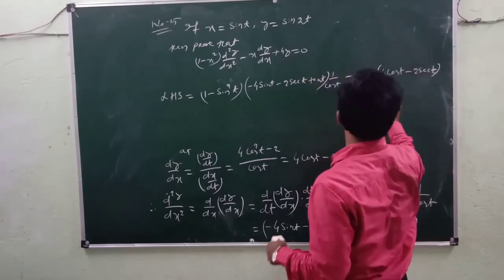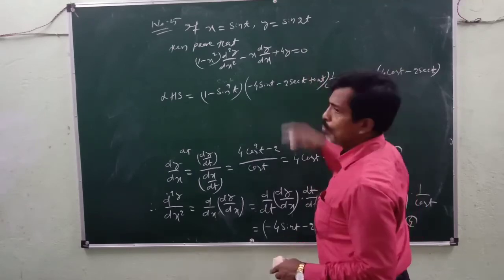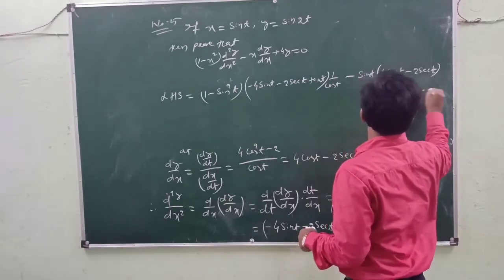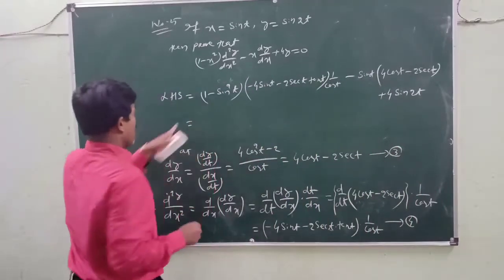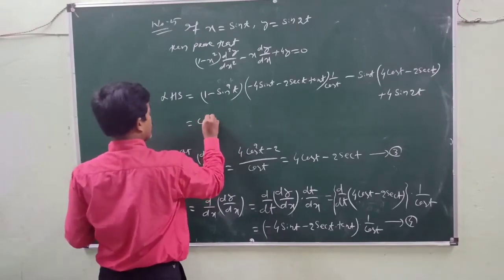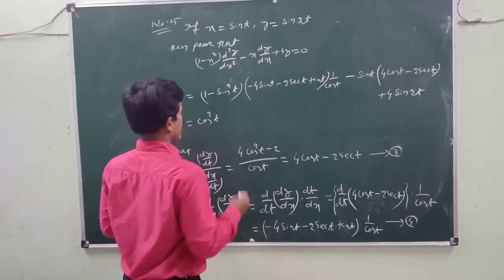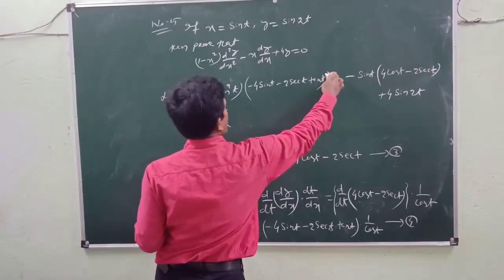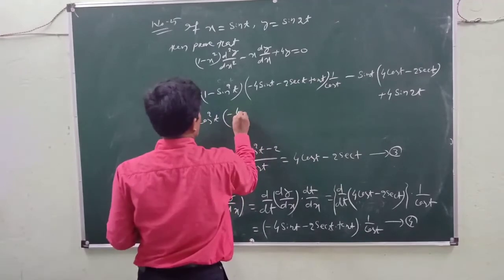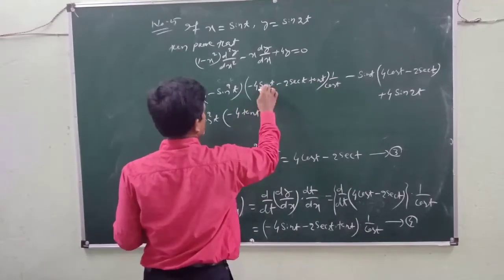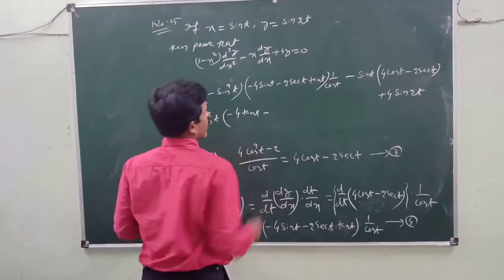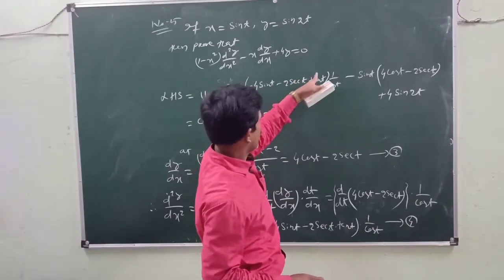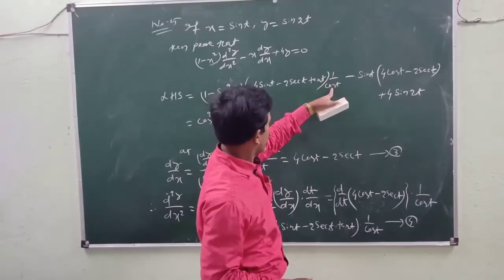Next, plus 4y, the value of y is sin 2t, so 4 sin 2t. Here 1 minus sin square t equal to cos square t. Then when I multiply 1 by cos t this factor, it will be minus 4 tan t, because sin t by cos t is tan t, then minus here 2 sec t tan t. Sec t is 1 by cos t, tan t is sin t by cos t, again 1 by cos t.